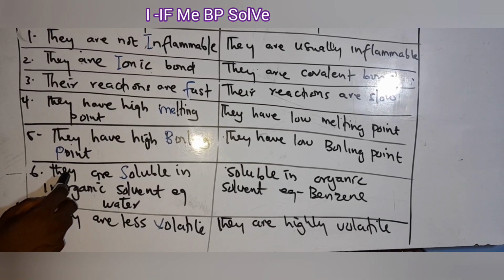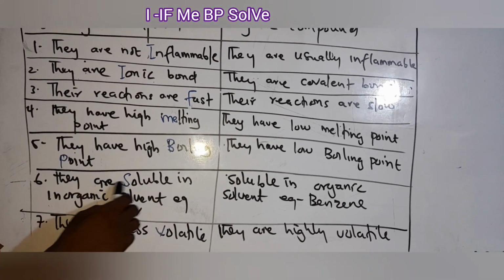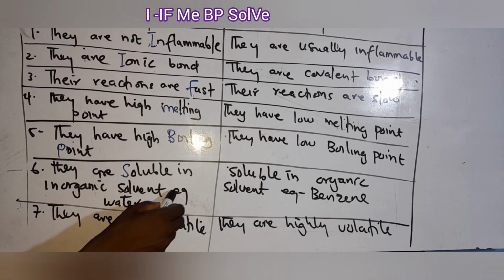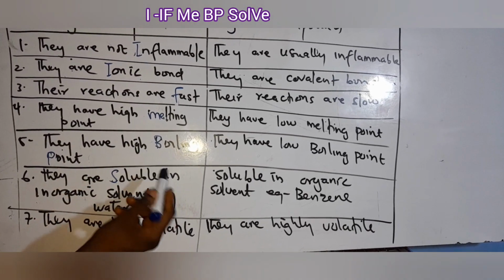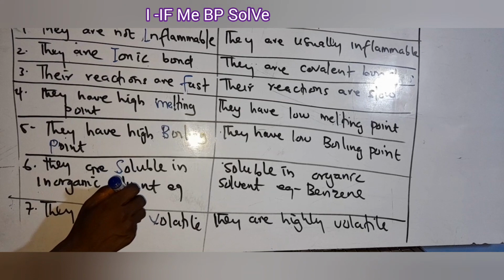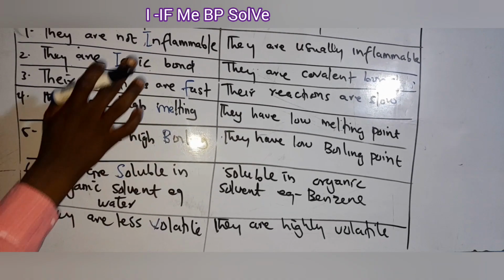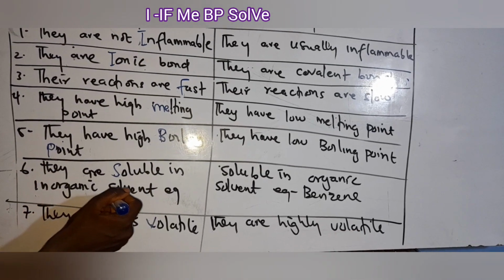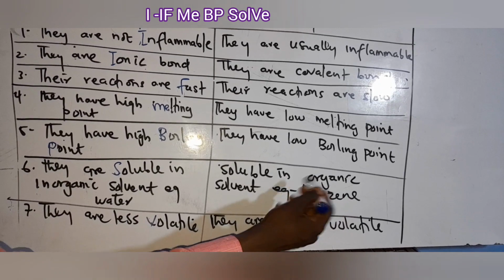Then the sixth one: inorganic compounds are soluble in inorganic solvents. Example, water is an inorganic solvent. For example, sodium chloride, common salt, is an inorganic compound dissolved in water. Whilst organic compounds are soluble in organic solvents, like benzene.